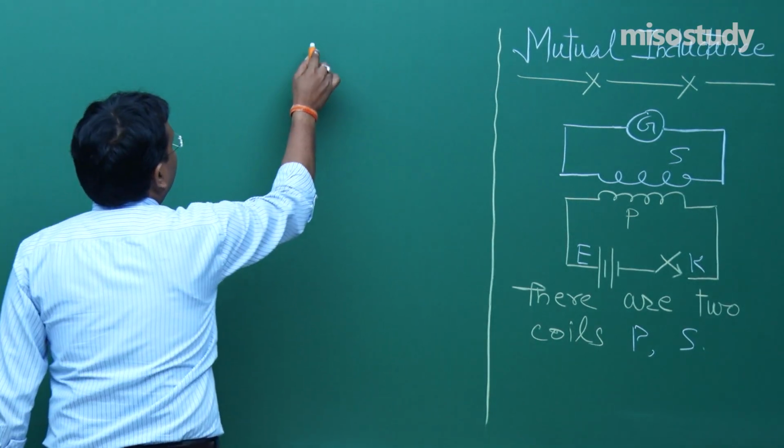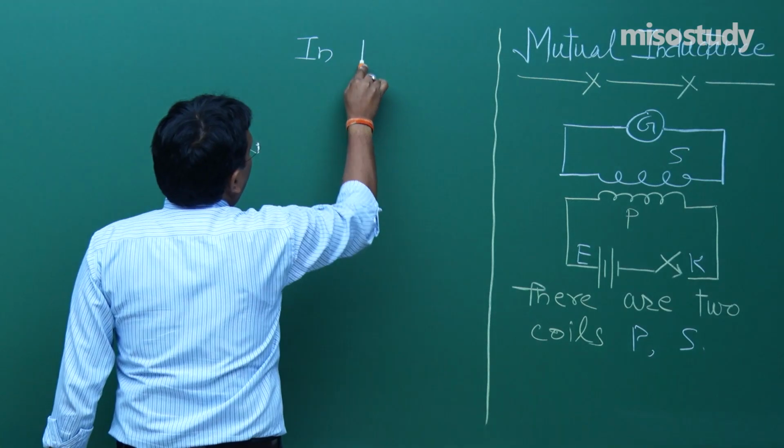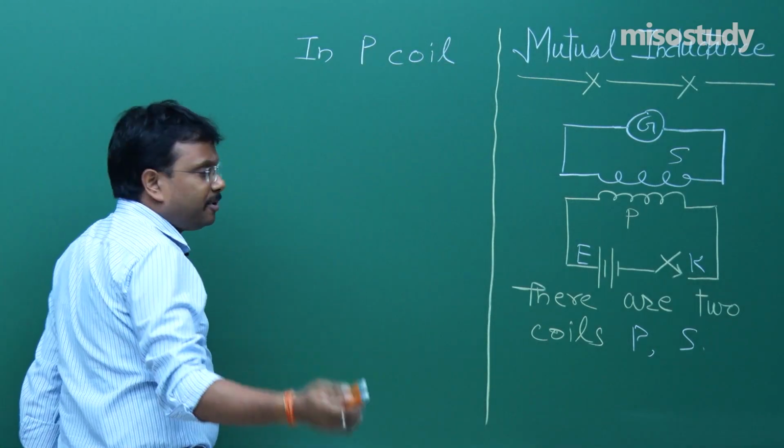In the P coil, P and S are just symbolic representations, primary and secondary.